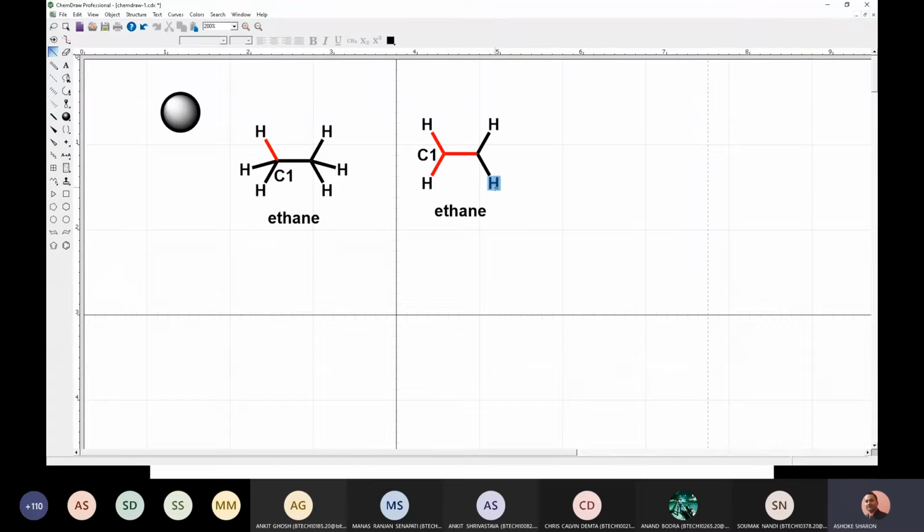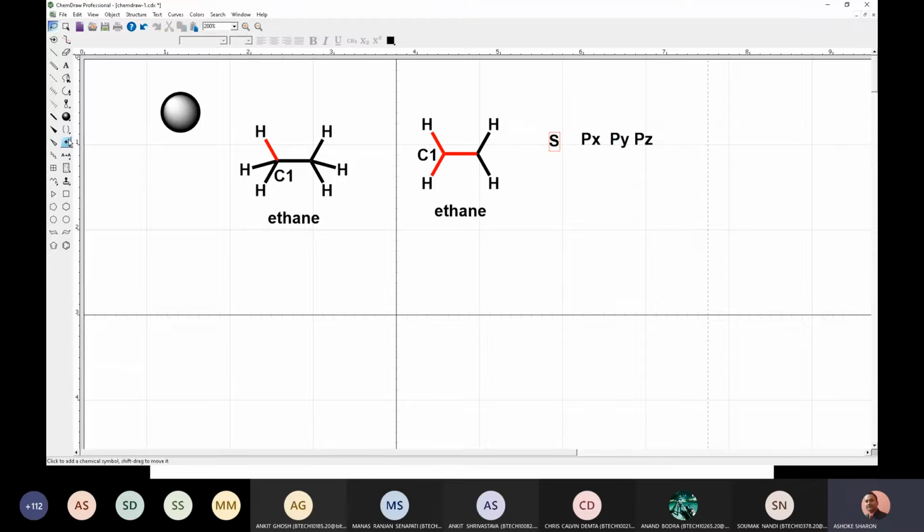Then what remains at this point? You have an s, then a px, then a py, then a pz. Now the s orbital and px, py will mix together.